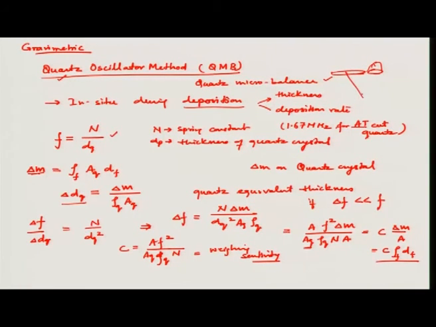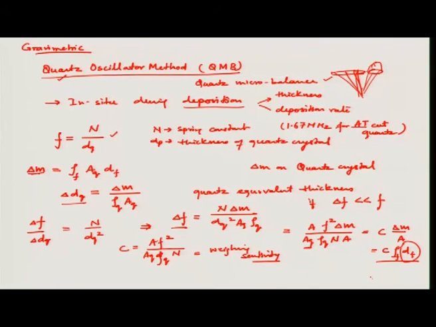So, everything that is being deposited on your substrate is also being deposited onto your quartz crystal, and using this change in frequency, monitored by certain electronics, you can measure the thickness of the thin film while it is growing.